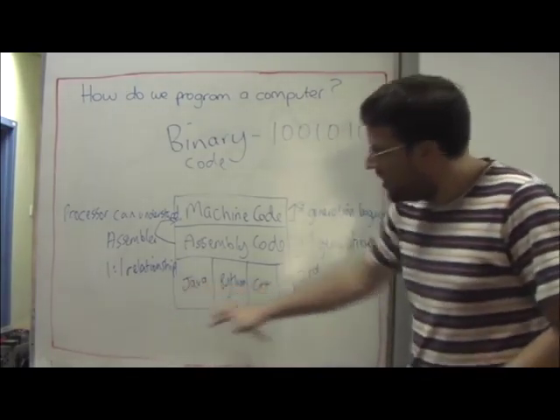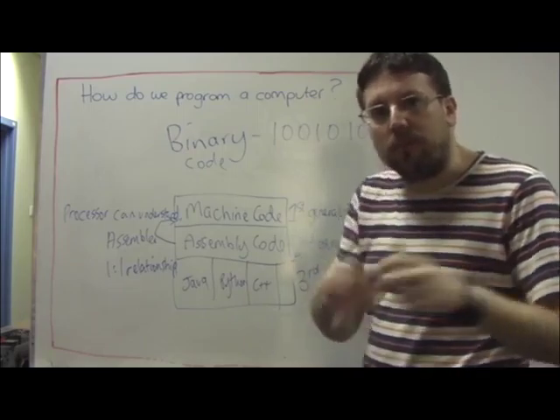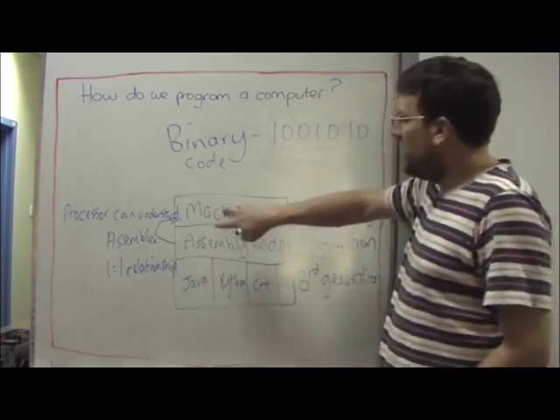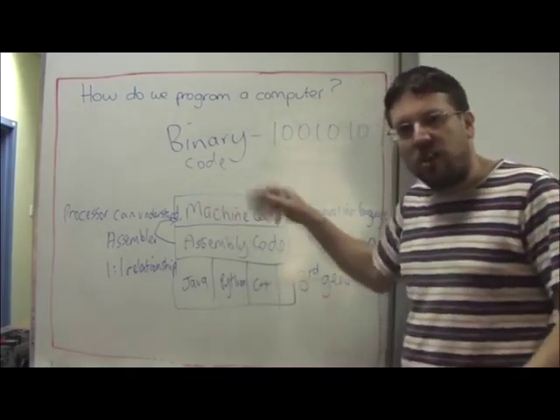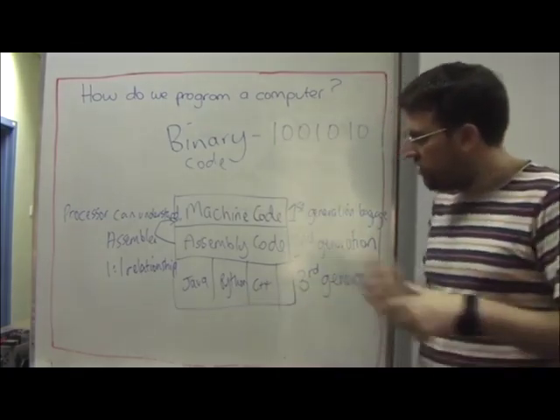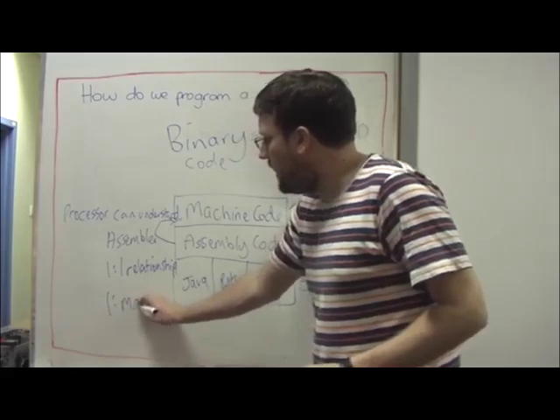Third generation languages are designed to make it easy for you to program the computer. What they've done is taken several of these machine code instructions and put them into one third generation language instruction. So the relationship is one to many.